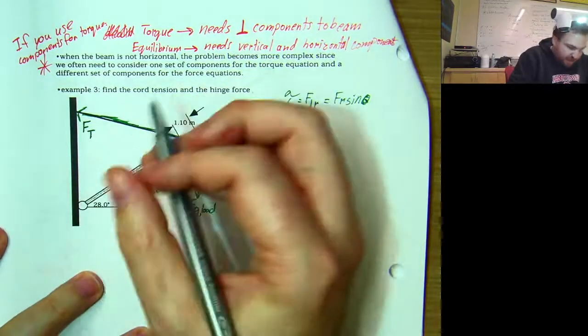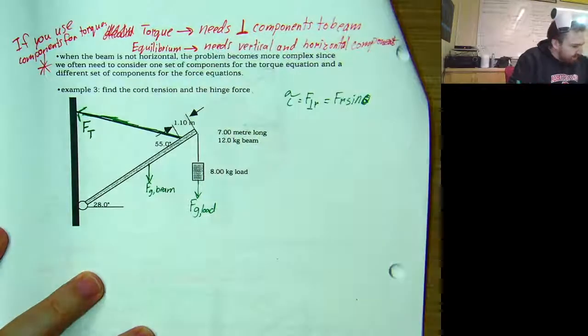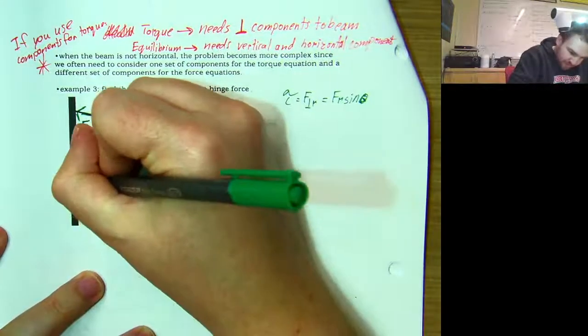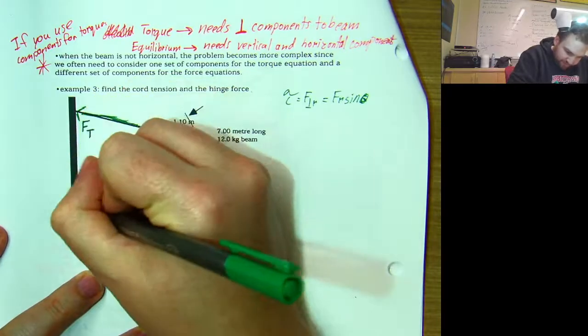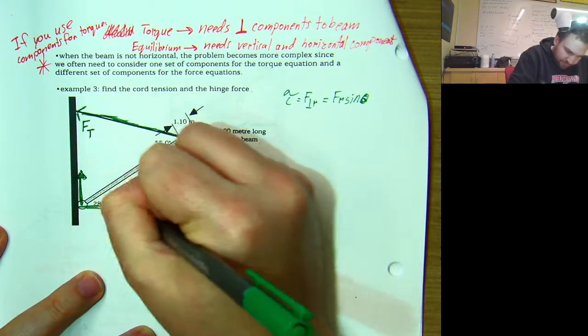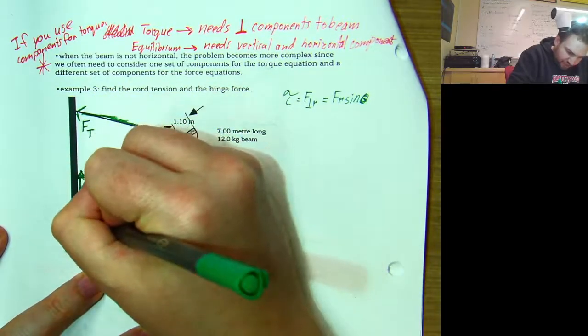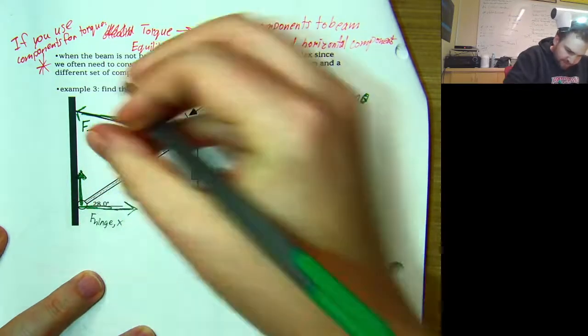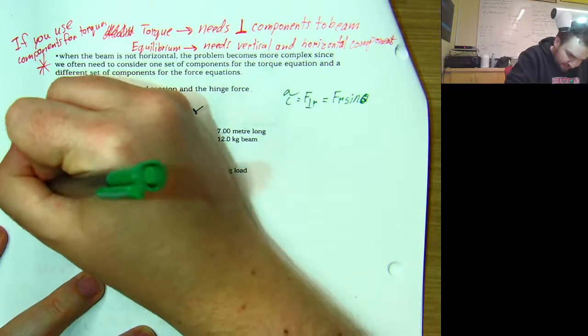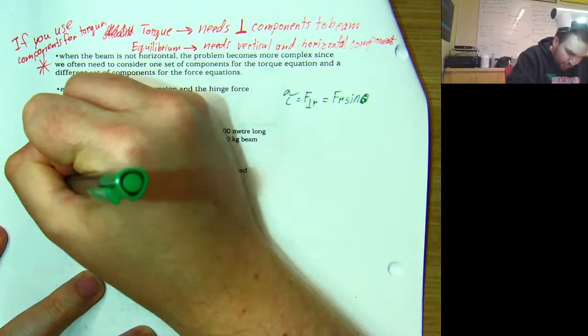We've got some hinge force acting in some direction. So we're going to label these for what they really are. F hinge X and F hinge Y.